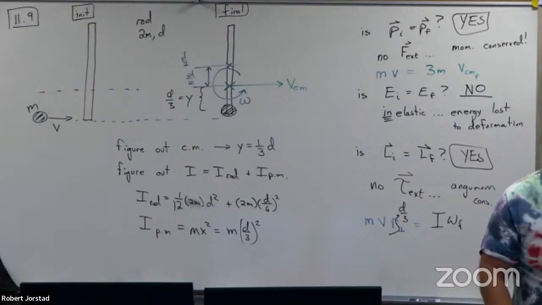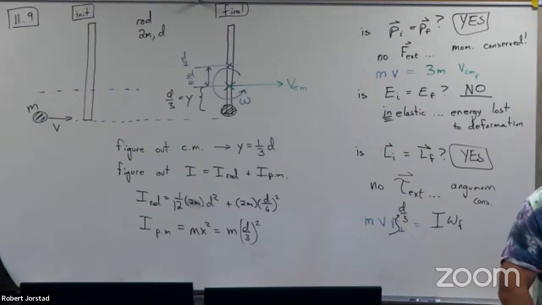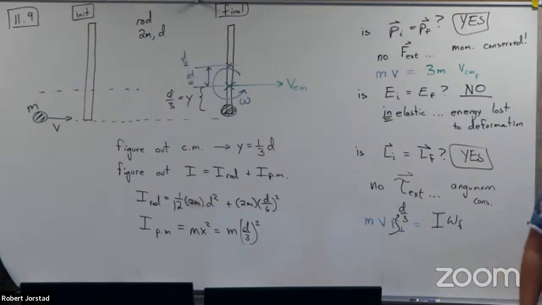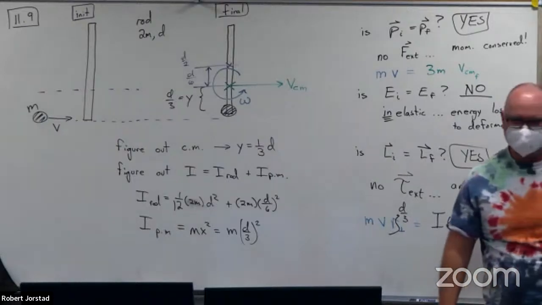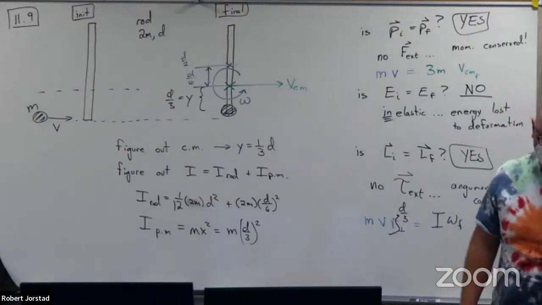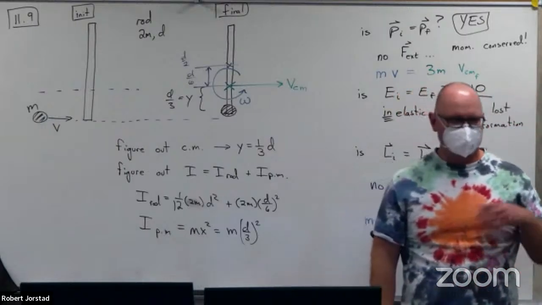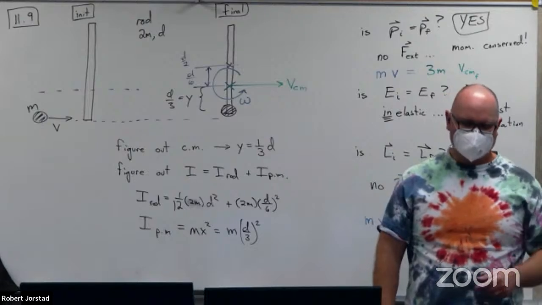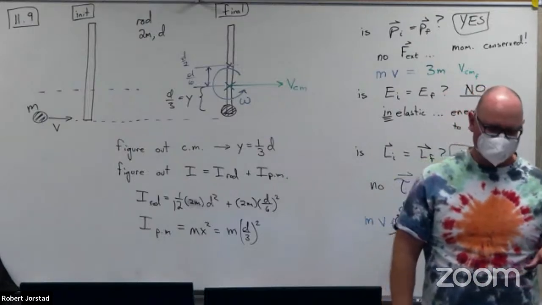If you look at pages 93, 94, 95, 96, and 97, it looks like way too many problems to do. It is. However, the questions I ask basically are, can you use conservation of momentum, energy, or not? Can you use conservation of angular momentum? Can you use conservation of linear momentum?